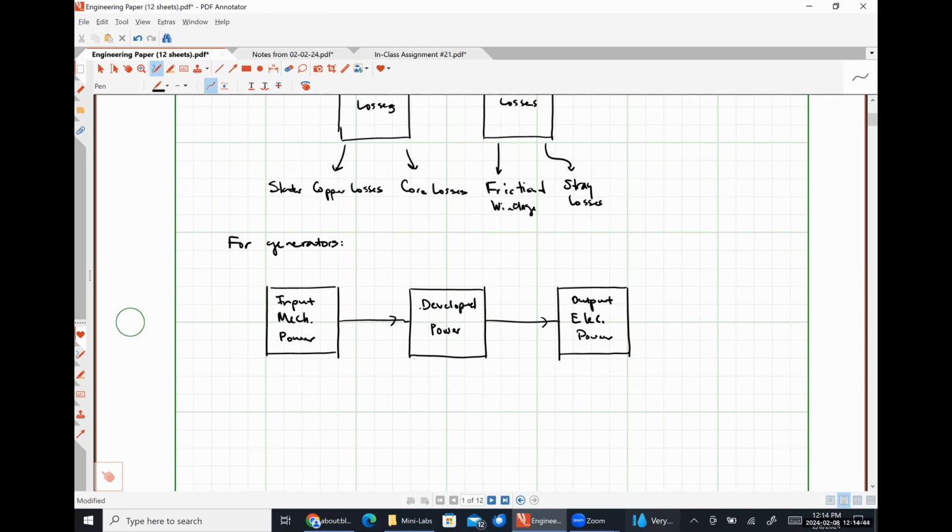We are going to lose some of our input mechanical power to mechanical losses. And we are going to lose some of our developed power to electrical losses.